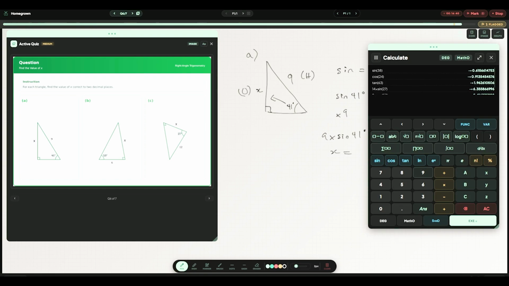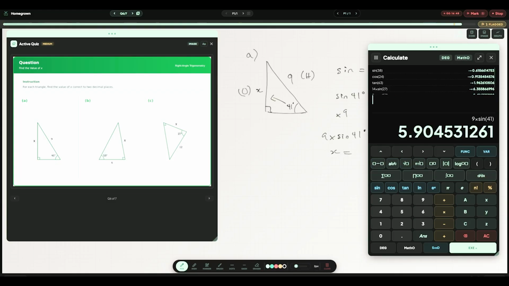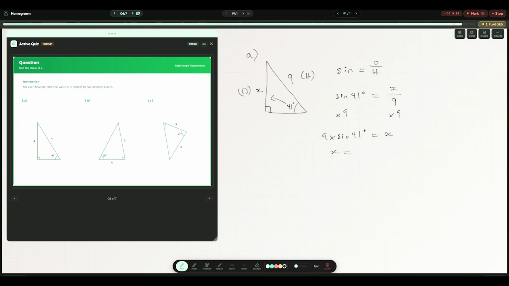So it's going to be 9 times sine of 41. And we get 5.90. We leave the 0 because it wants it as 2 decimal places.